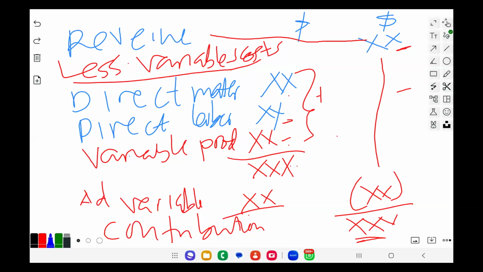So you have to add them to this figure. When you add these two, this figure here that you're seeing is to be deducted from revenue so that you can get contribution.